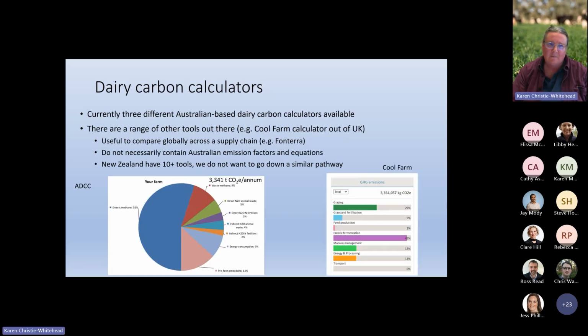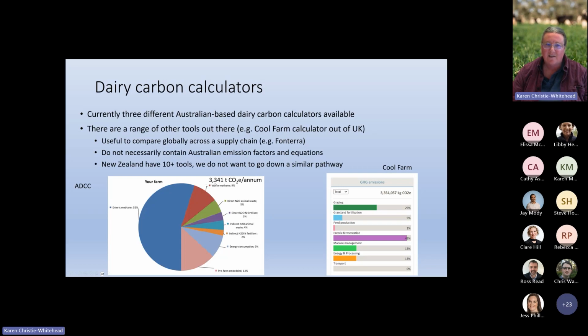Here I essentially put the same farm in these 2 calculators. On the left, you've got the Australian Dairy Carbon Calculator, which has all the Australian inventory, the emission factors, and the equations, and then you have the Cool Farm calculator on the right. And what you can see is there's quite a difference in the carbon total.